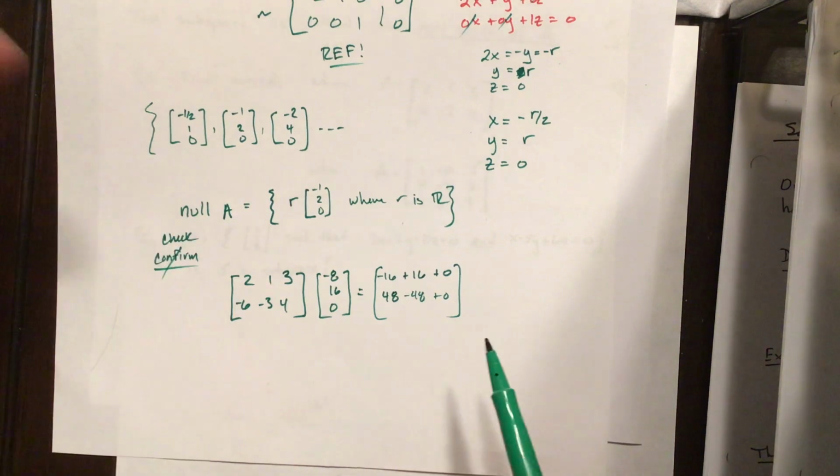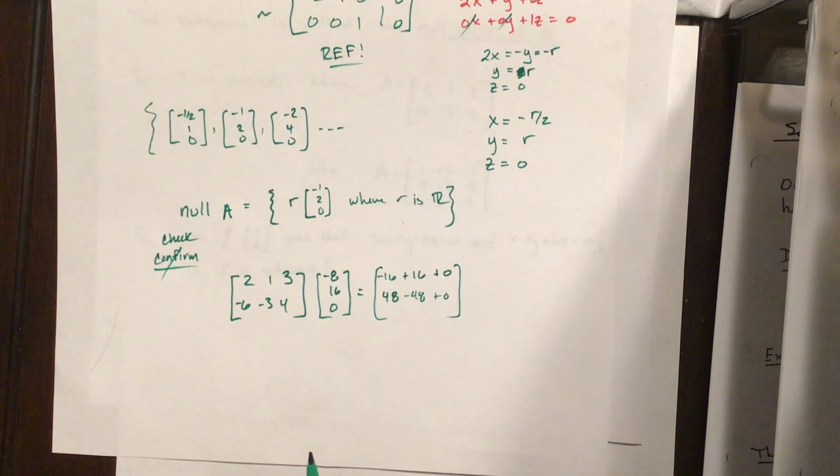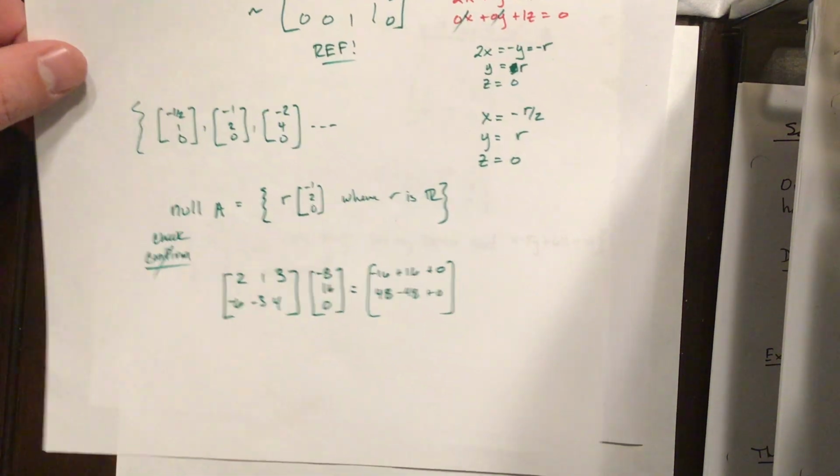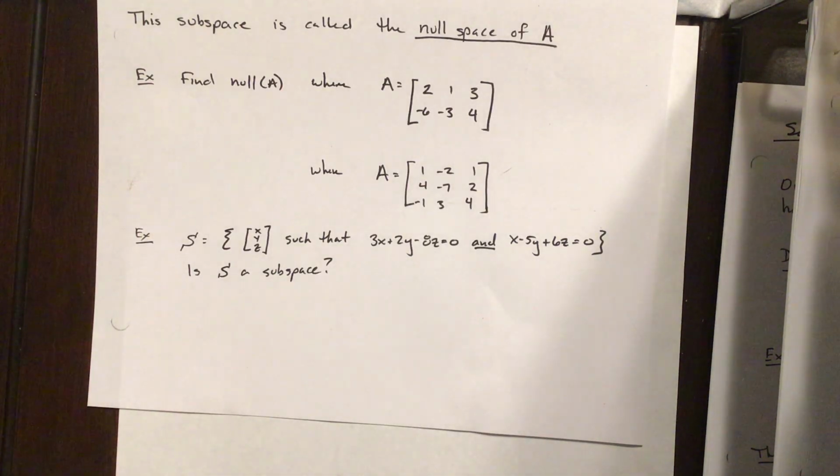What vector is this? It's the 0 vector. So, just because it worked for one doesn't mean it works for them all, but it confirms that this description of the null space of A seems to make sense. All right, one problem done.